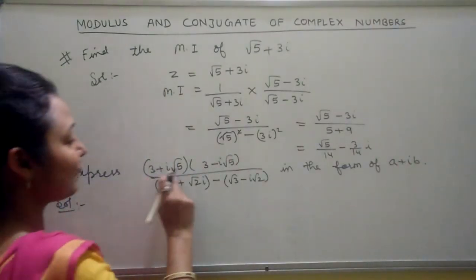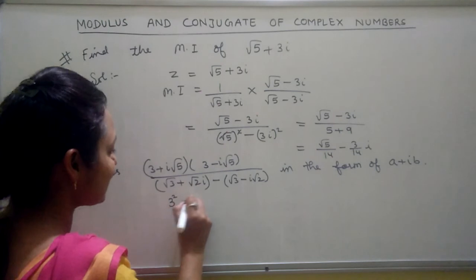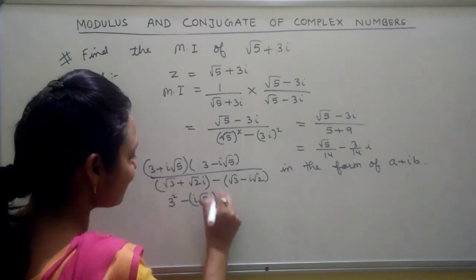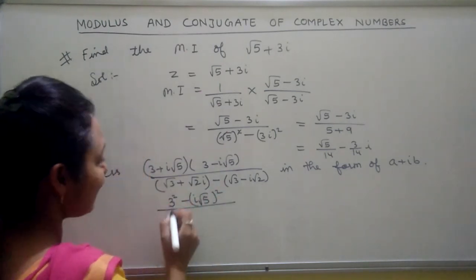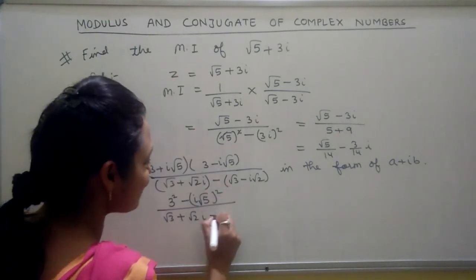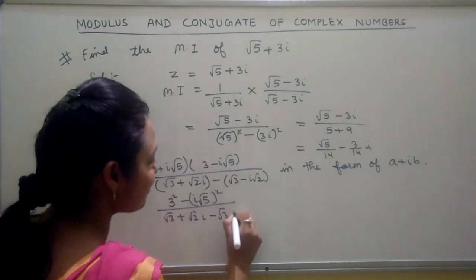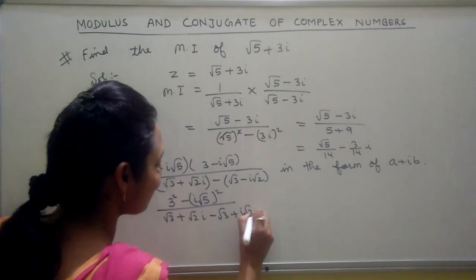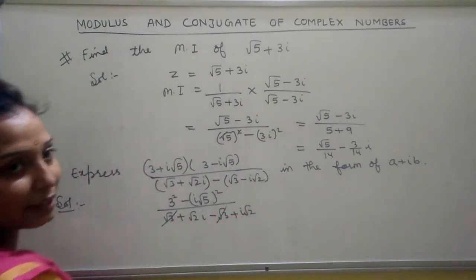Very easy question. a plus b times a minus b is a square minus b whole square, divided by root 3 plus root 2 iota minus root 3 minus iota root 2. The root 3 and negative root 3 cancel.